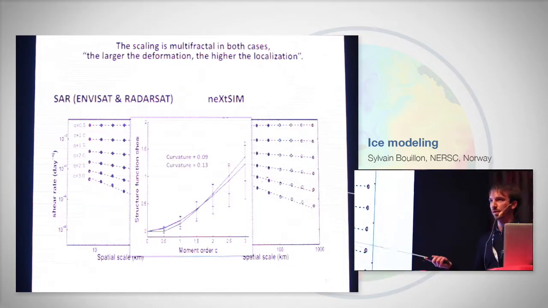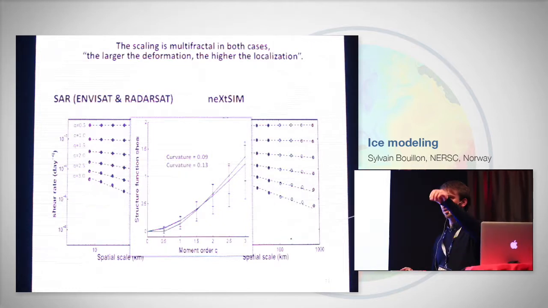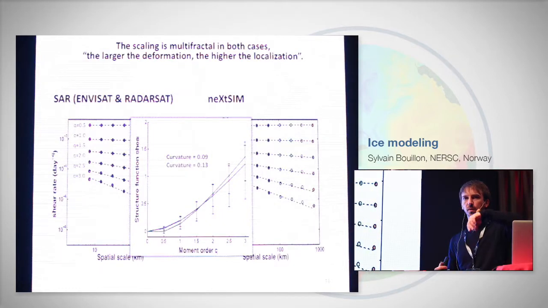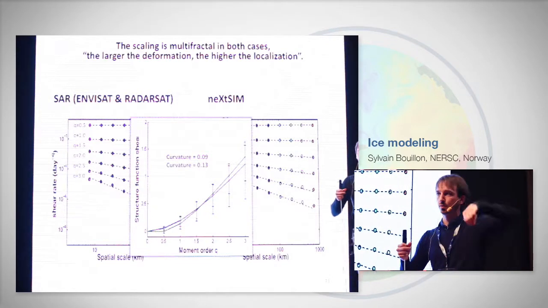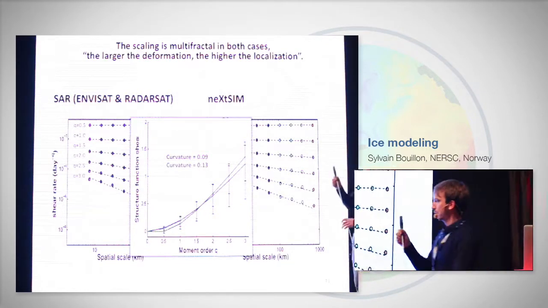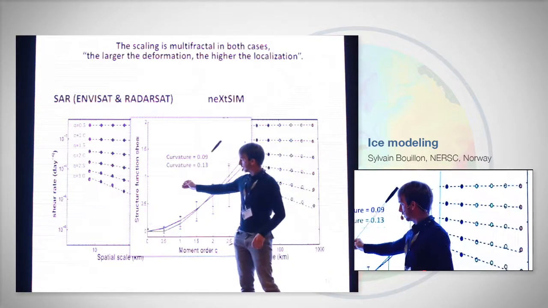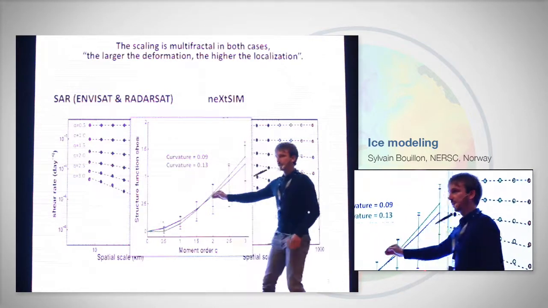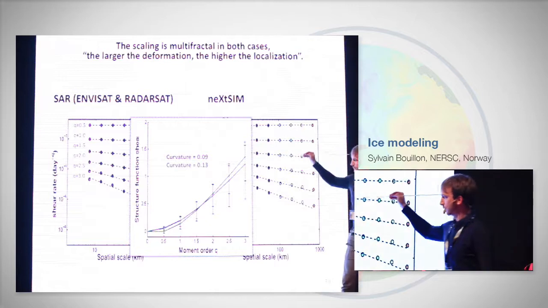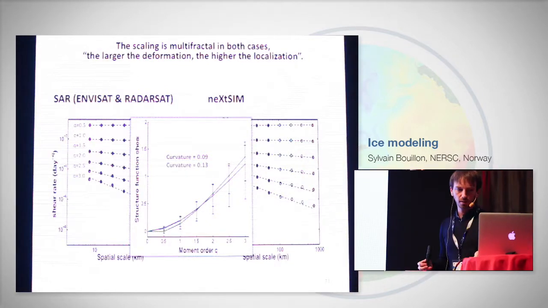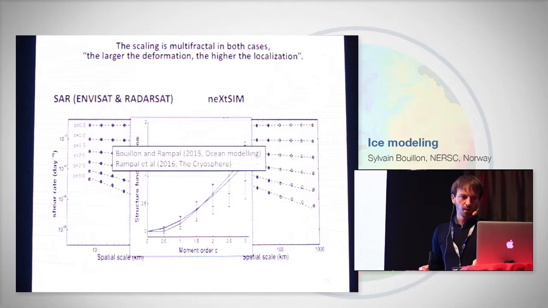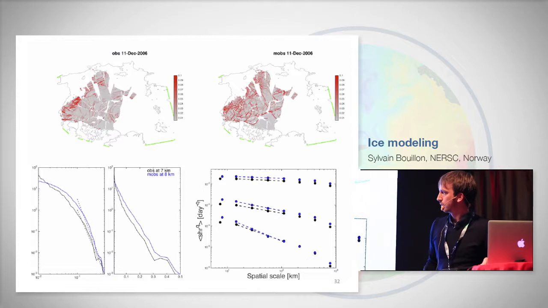If you compute exactly the same for a free drift, where you just put buoys that are just moving with the atmospheric forcing, what you will get is a line. You will not get this multifractal property, so the fact that it's quadratic. And that was shown in papers.